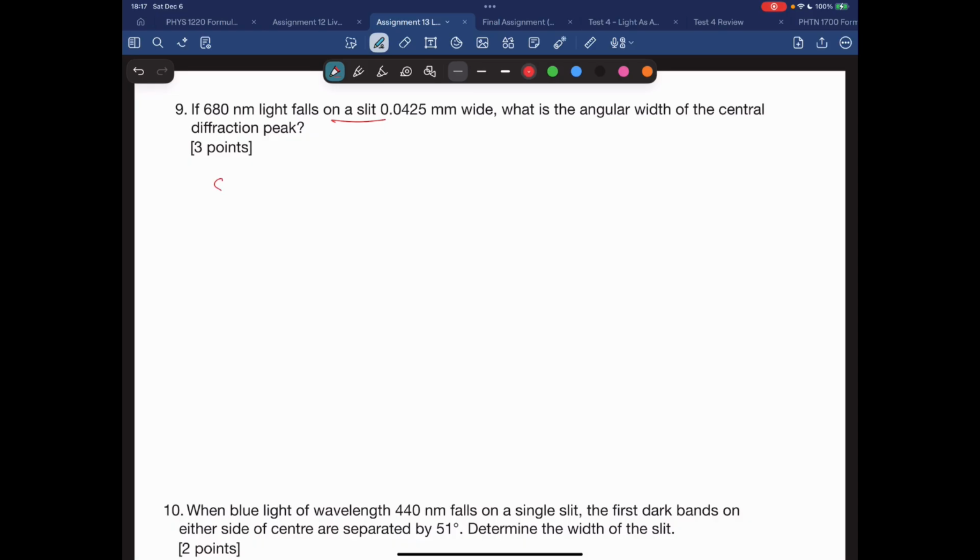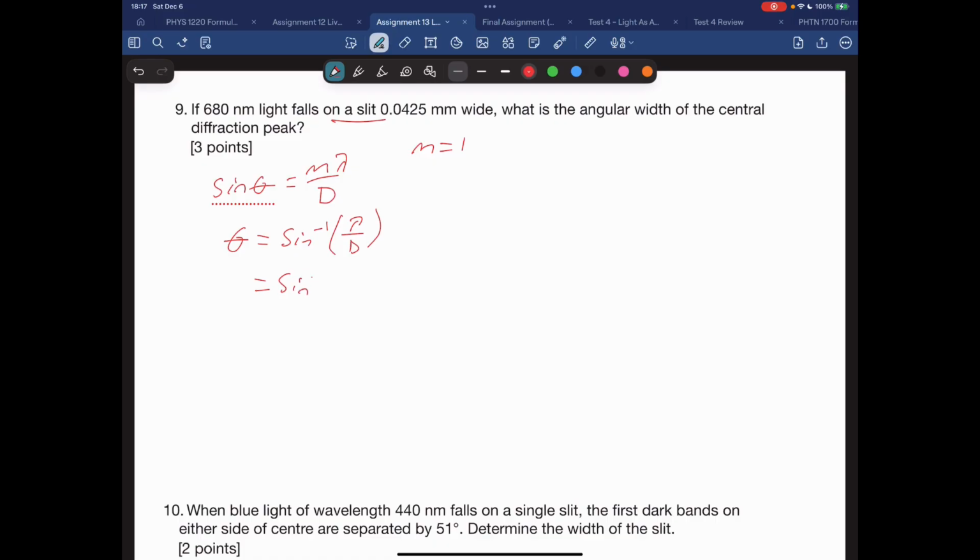So here I have sine theta equals m lambda over d. We are looking at the first set of minima, so m equals 1. That leaves me with theta equals the arcsine of lambda over d.